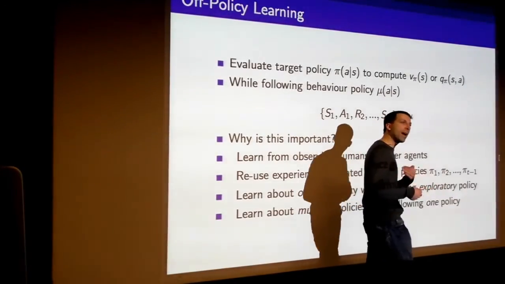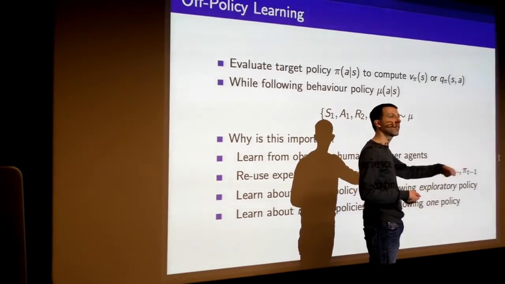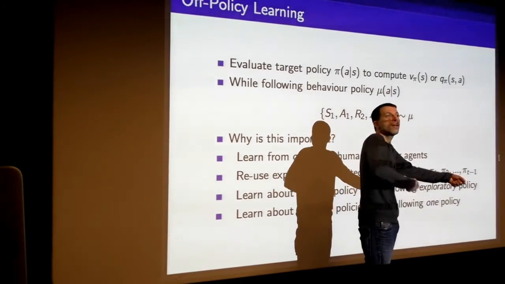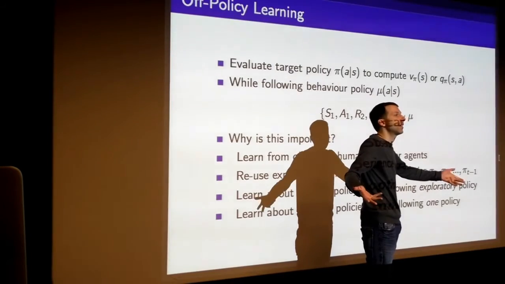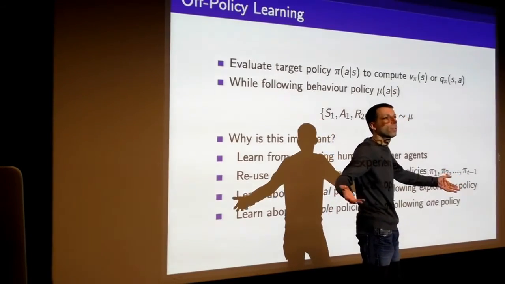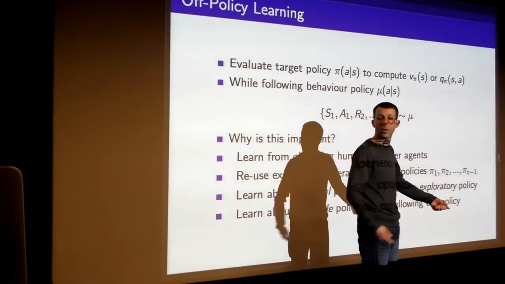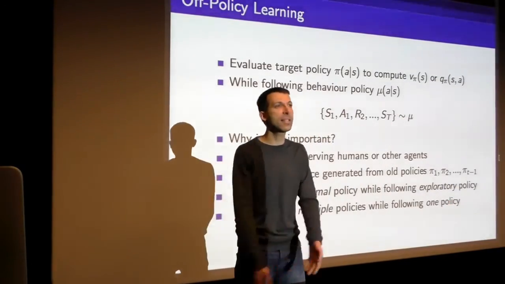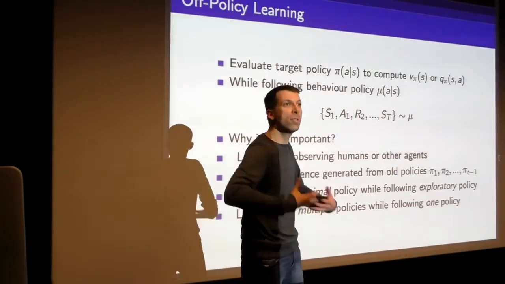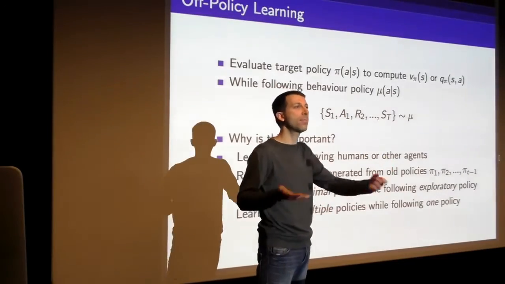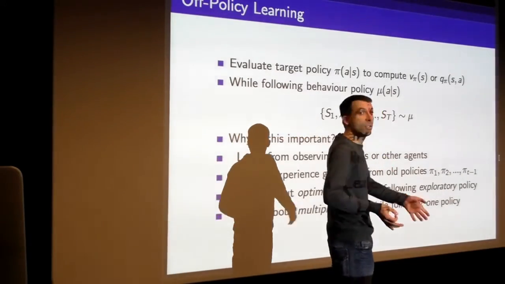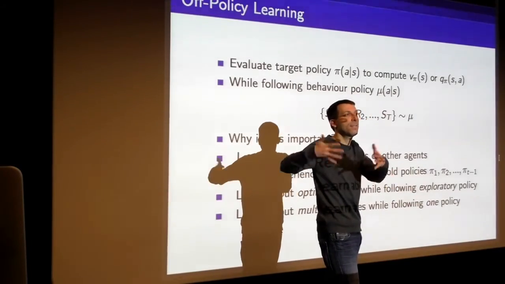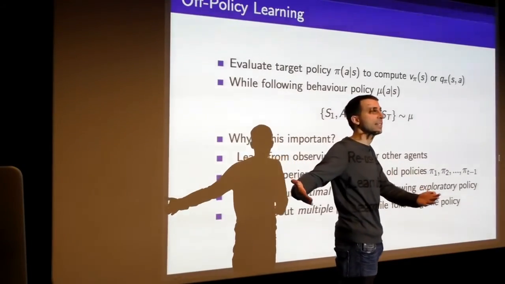But what if we want to go back over the data that was generated using those old policies and use it more than once instead of just discarding this data, which is very data inefficient? What if we want to go back over it and say, I remember I did this thing, I've seen this state before, when I was last here I did this other action and I got this other reward? Reuse that data, do something a bit more like batch methods, where you treat this as a big data set and figure out how to do the best thing from that data set.